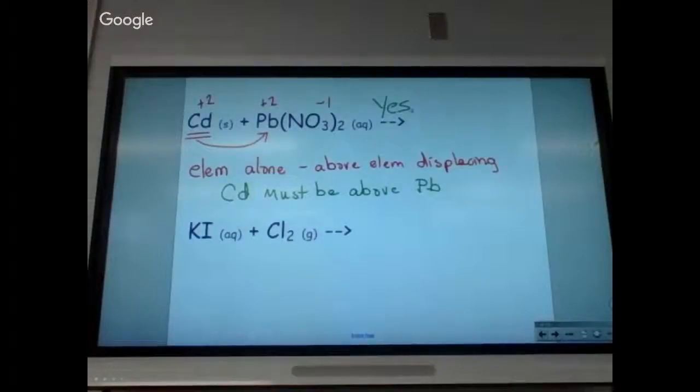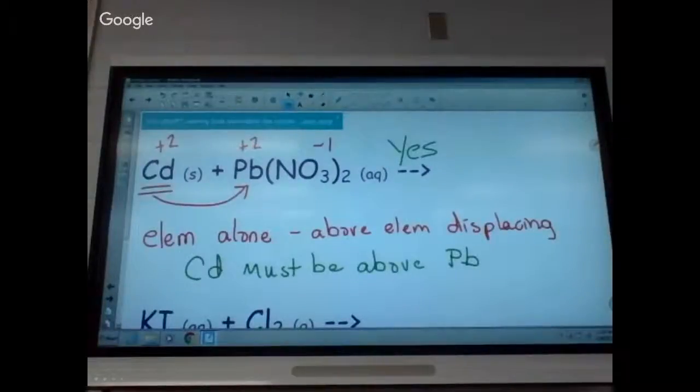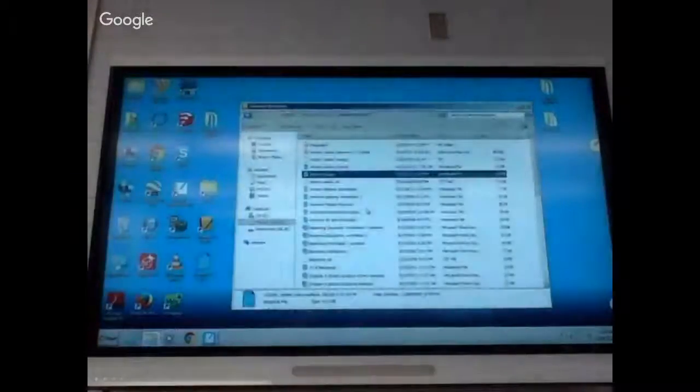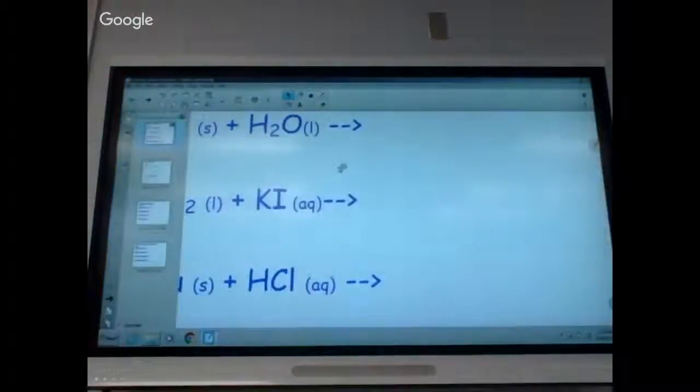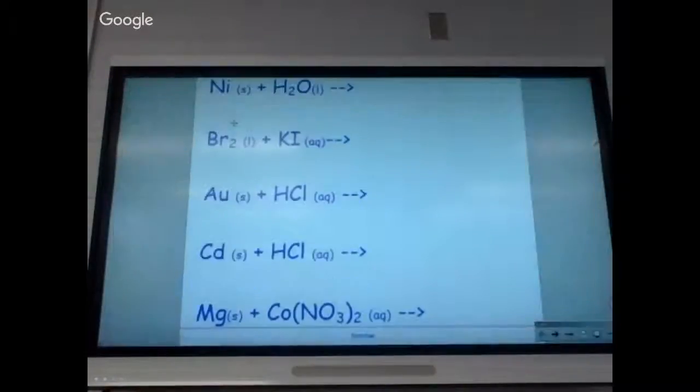Okay. All right? Now, for homework, you have to finish your worksheet. Yesterday was synthesis and decomposition. Right, and then you're doing the same thing as what's on the homework, but you're adding this.